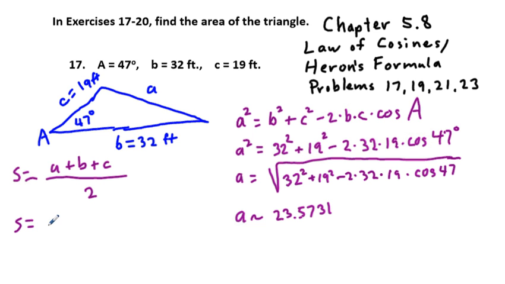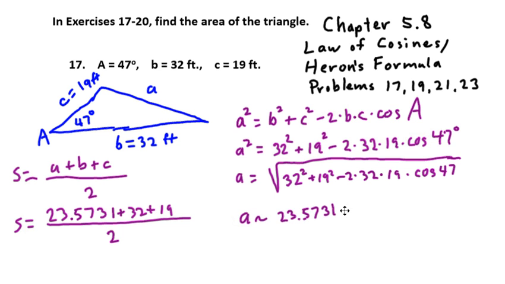S equals 23.5731 plus, let's say B is 32, plus side C, which is 19, all over 2. And let me move this over here. There we go. Create some room.